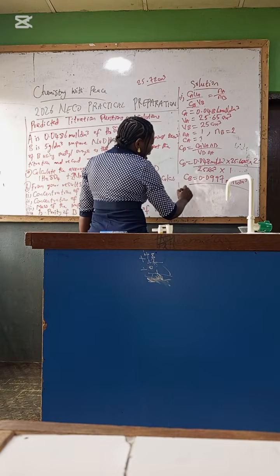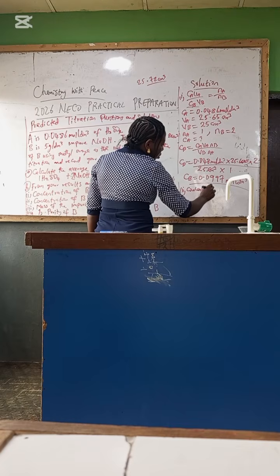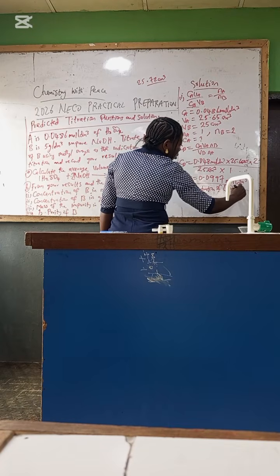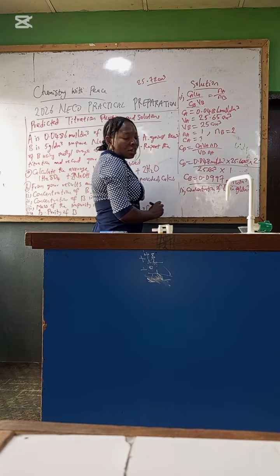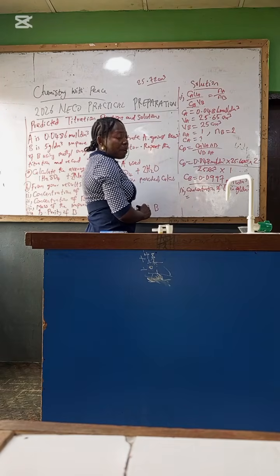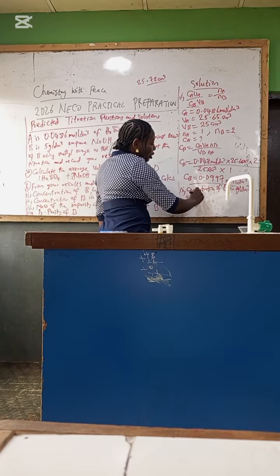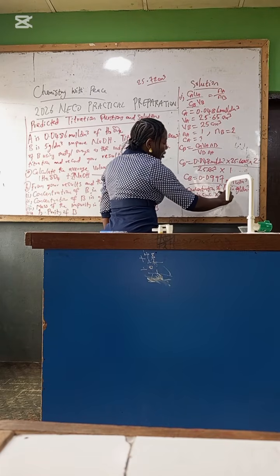The next question says II. We are going to use the formula: concentration in gram per dm cube is equal to molar concentration times molar mass.